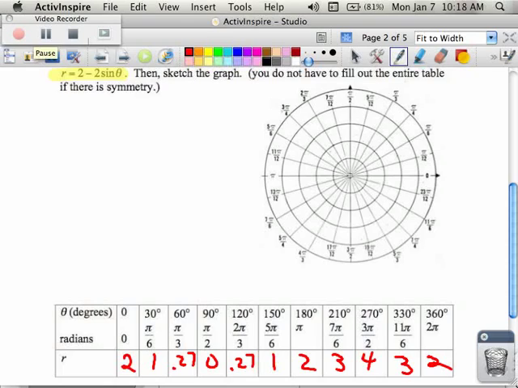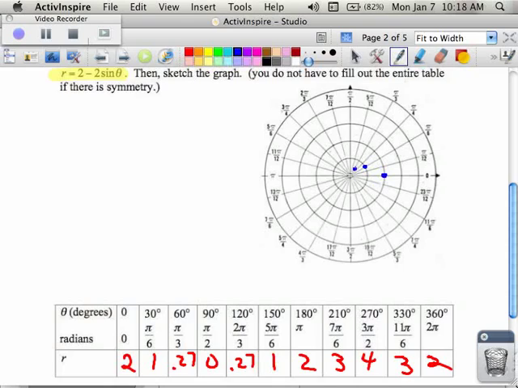Okay, so as you're comparing notes, I'm just going to quickly graph this. At 0, when I look at 0, I'm going to go out 2 units. So I'm facing 0 and I go out 2 units. I'm right here. At pi over 6, I go out 1 unit. At pi over 3, 0.27, ooh, that's pretty tough to see maybe.